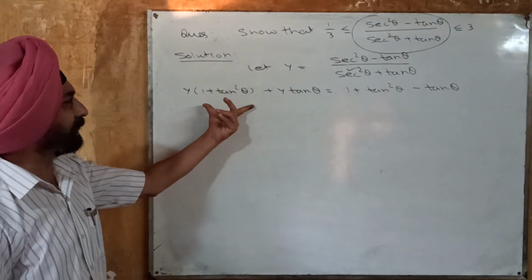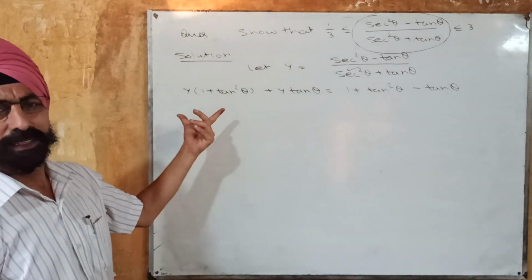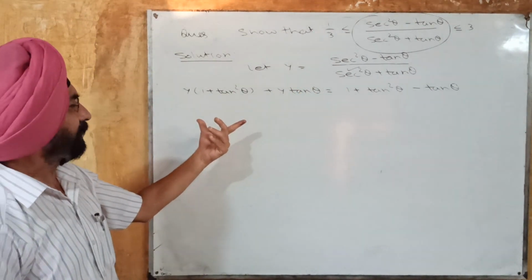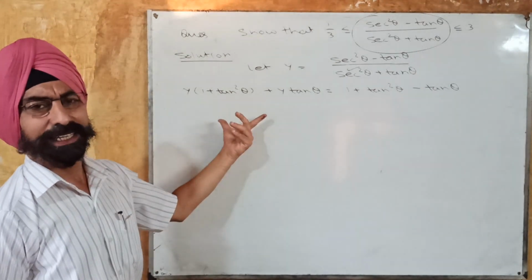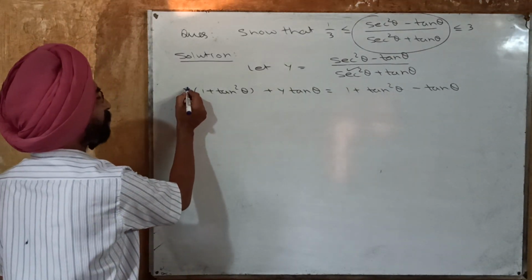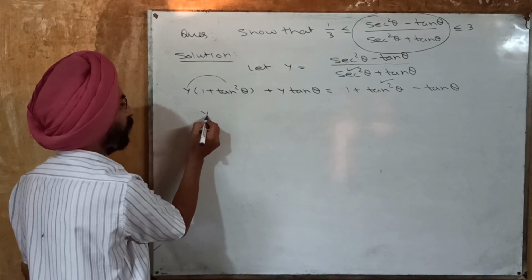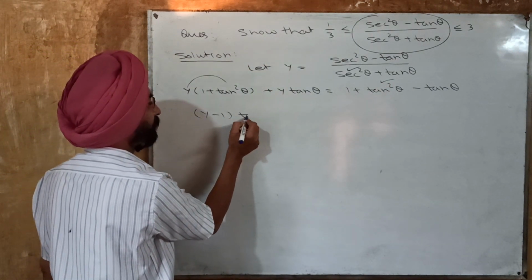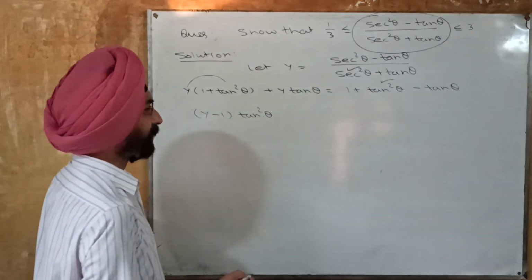Open the brackets on the left hand side and collect all the terms on left hand side and compose it like a quadratic equation in tan theta. So what you will get, this term will be there, y tan square theta, and this is tan square theta, so you will get y minus 1 tan square theta. Then terms containing tan theta.